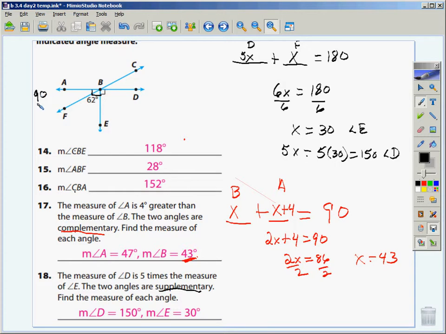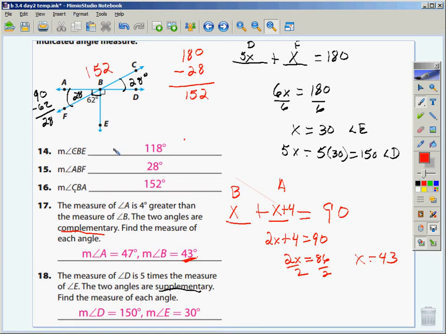And I take 90 and I subtract 62 from it to find out that this other angle was 28. If this one was 28, then this one's also 28 degrees because they're vertical. And I can find the other angle that's up on top by taking 180 minus 28. When I subtract this, it's going to give me 152.